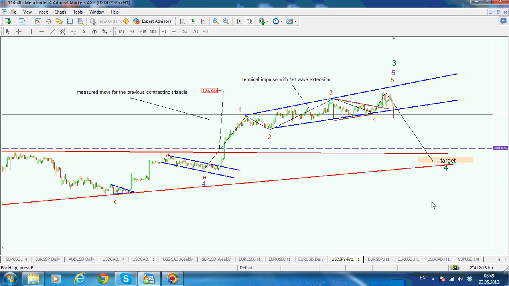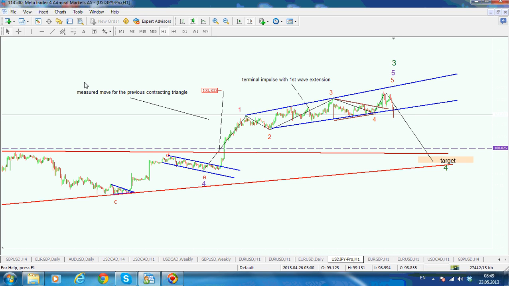I'm not going to look on the short side once the 100 level is hit, but I'm going to look on smaller time frames for reversal patterns, and these reversal patterns normally should look like inverse head and shoulders, bullish engulfings, hammers, and so on and so forth, for a new attempt to go over the highs.